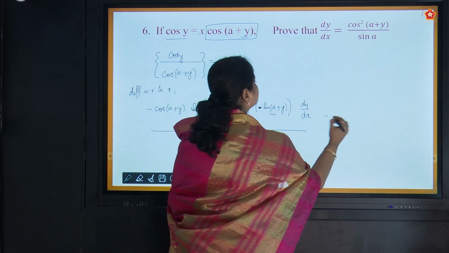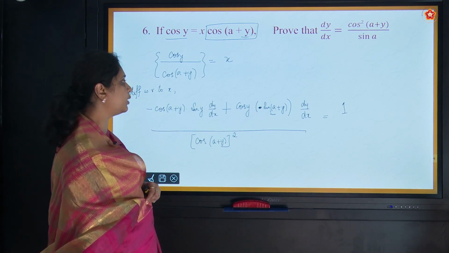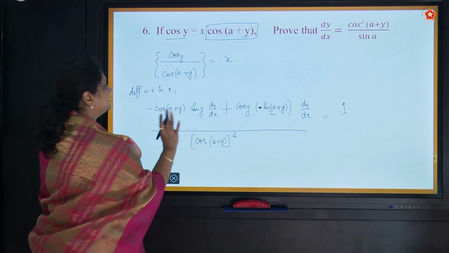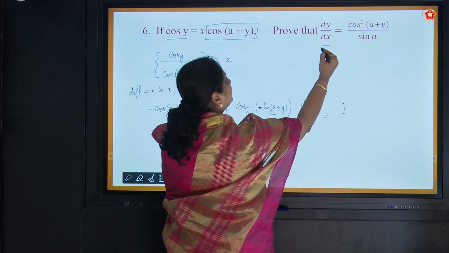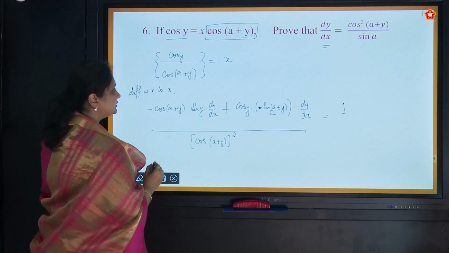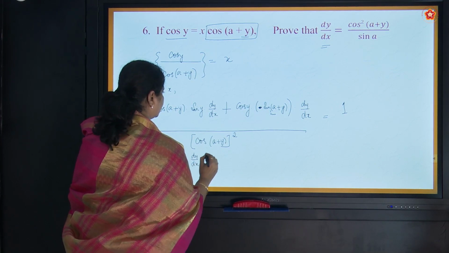So this is equal to, on the right hand side when I differentiate x with respect to x, I get 1. So now I just need to rewrite this. I have to take dy by dx out because I have to find that one only, right? So let me take dy by dx out. So what do I have?